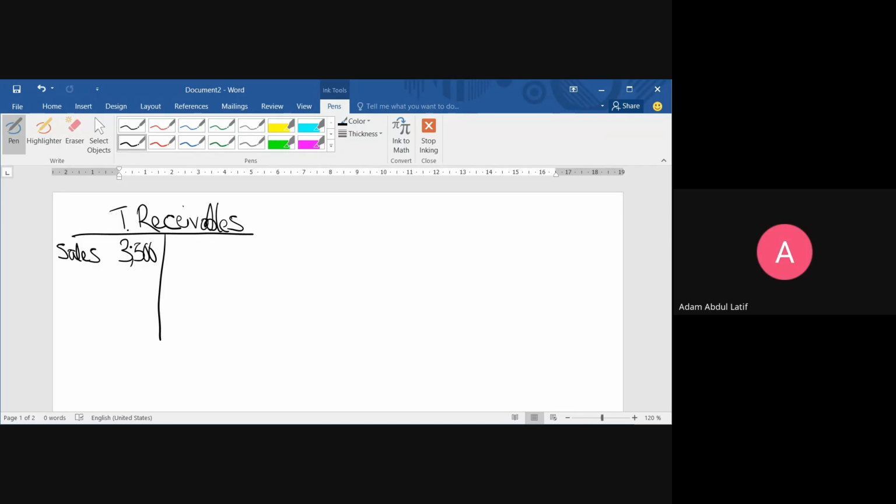We have to open trade receivable and cash account.